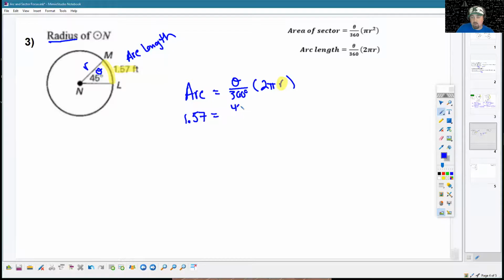We know this is 45 degrees. So let's figure out what 45 divided by 360 is. So 45 divided by 360 gives us 0.125. We can use that. So what happens is, this is 0.125. We're going to divide that to the other side.